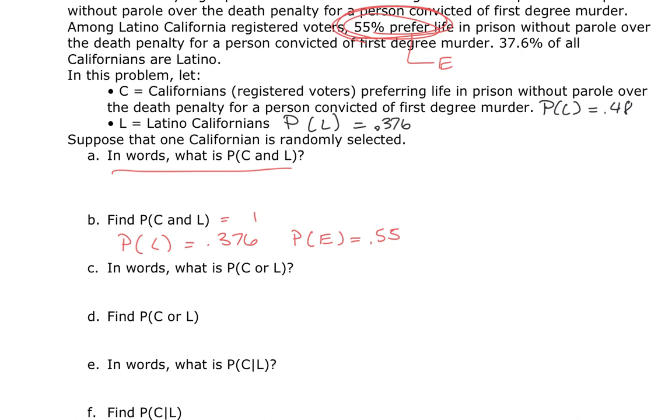This is actually going to be the probability of L multiplied by the probability of E, which is 0.376 multiplied by 0.55, which gives me 0.2068. In other words, I have a 20.68% chance of getting a person that is both a California registered voter and is Latino and believes that there should be life in prison without parole over the death penalty.